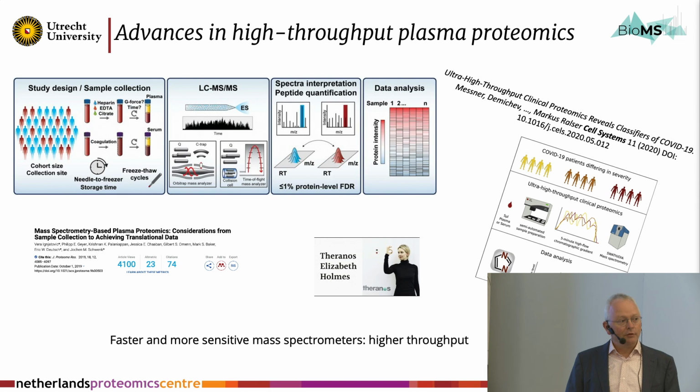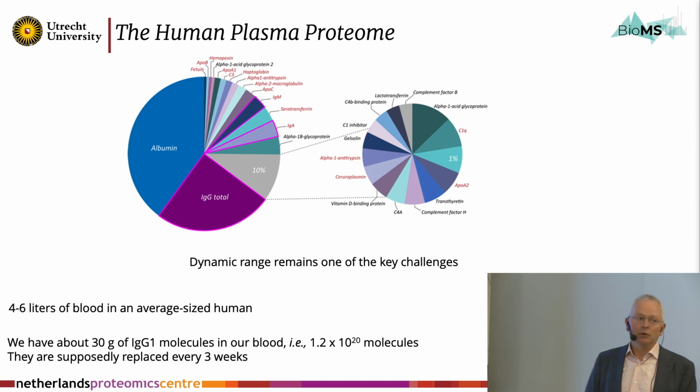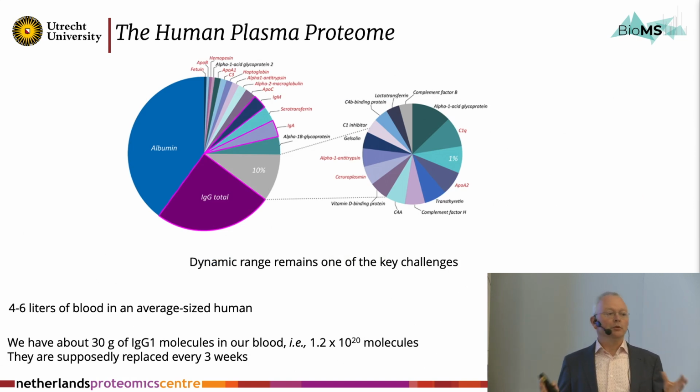But if you look at serum or your blood, there's a lot of proteins in there. On the other hand, it's a very strange composition of proteins, and I show that a little bit on this pie chart. This pie chart shows all the proteins in your blood, based on their relative ratio in protein concentration.